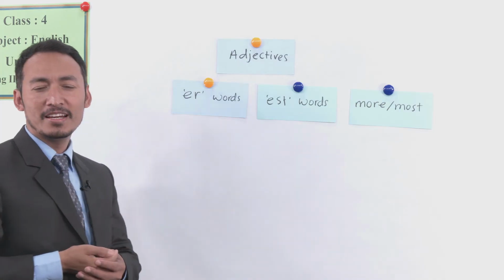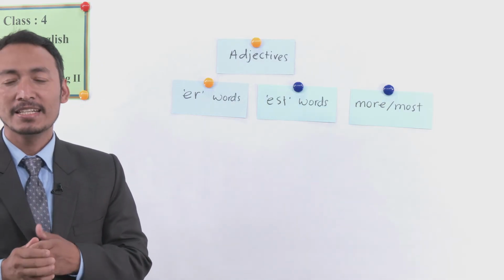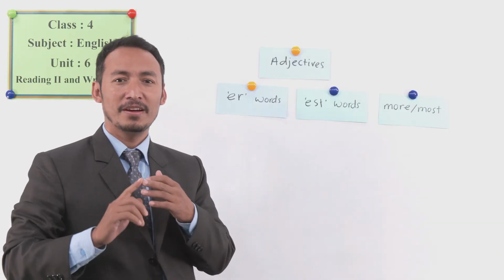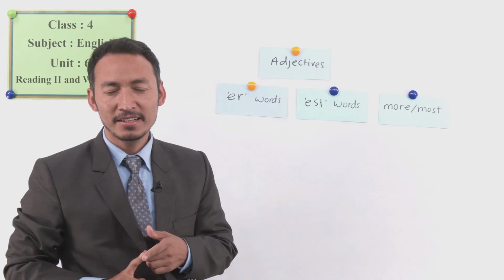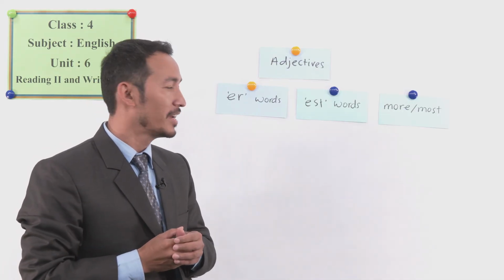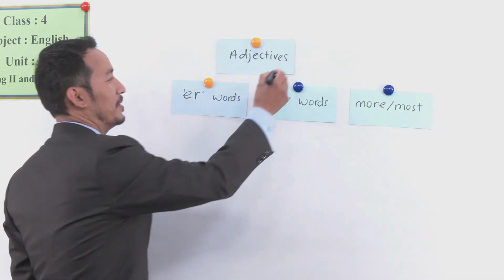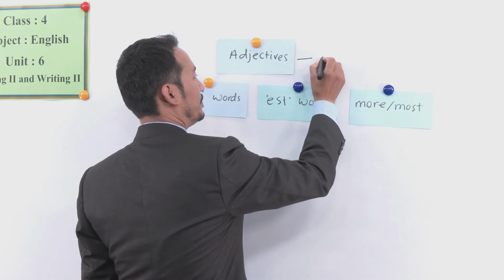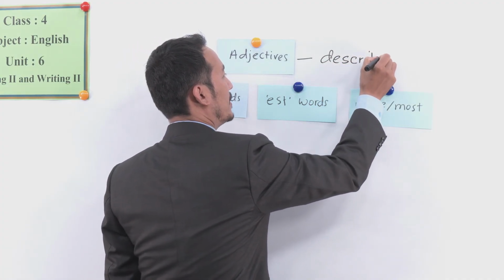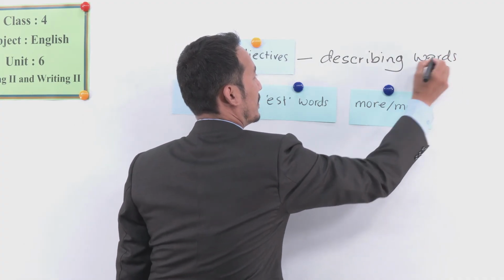We have talked about adjectives. Can you name some of them? Yes, adjectives are tall, short, black, dark, slim, fat, thin, and so on. What are adjectives? They are describing words. Yes, you are right.